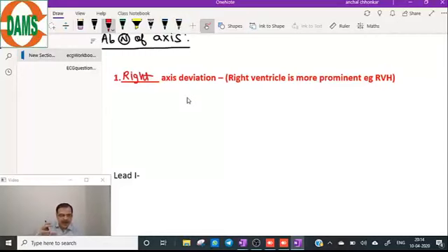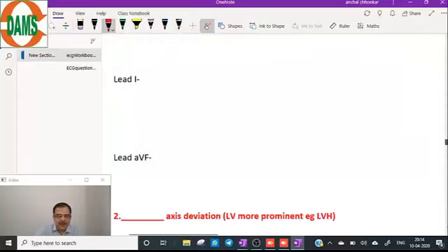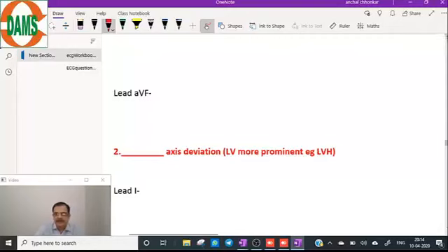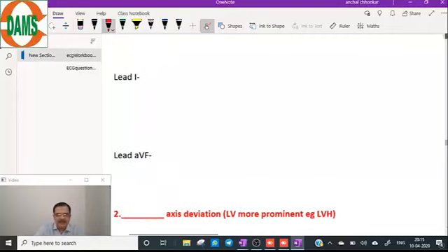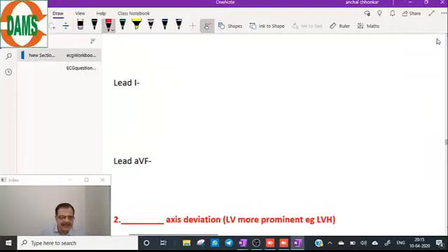So I will start with the result, and you tell me how this right axis deviation will be present. We will look into two leads, lead 1 and AVF. So this is a case of a right axis deviation.